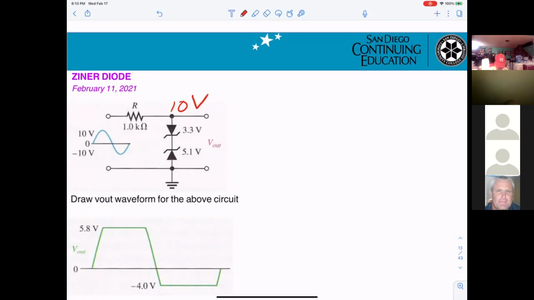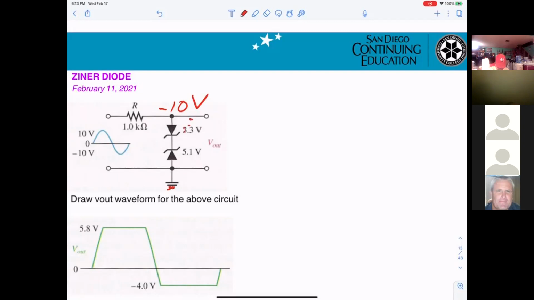And when you reverse it, that means you get minus 10. That will be telling you, you get a ground here, okay? And minus 10, so this diode will be on, and this diode will break down.